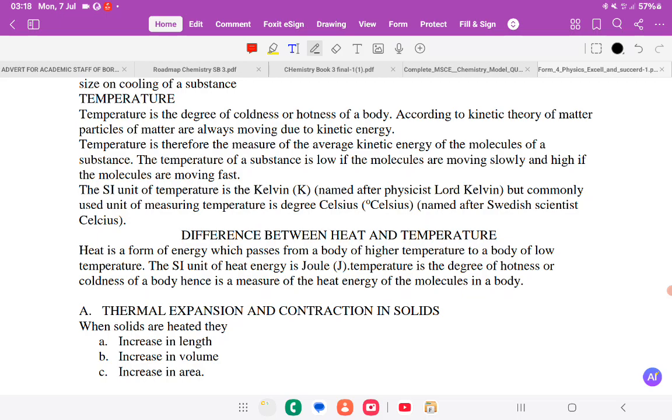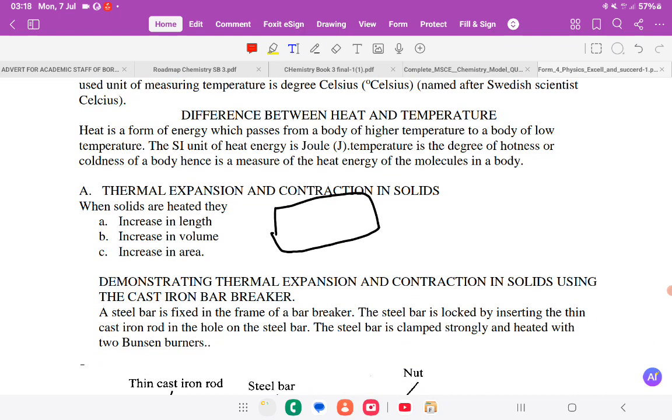Let's suppose that we have a body which is being heated, we supply heat at some point here. So this is just a body or an object, and it's being heated there.